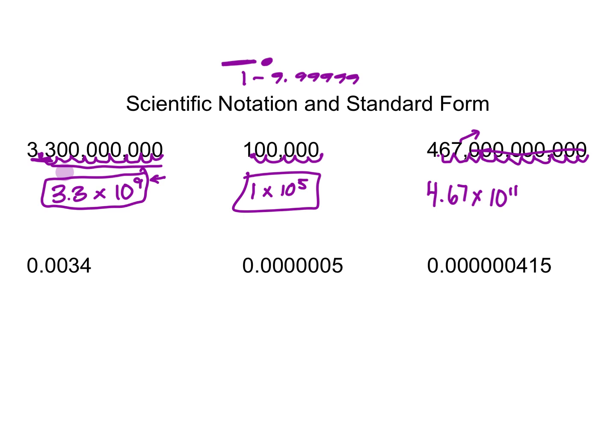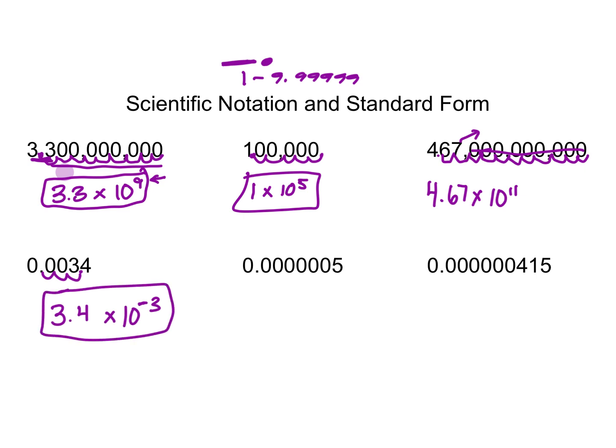Okay, the next one, I'm going to move my decimal point again so that there's one digit in front. Now this time I'm going the opposite direction. I'm talking about a teeny tiny number. So I'm going to go 1, 2, 3 places to get there. So I'm writing times 10 to the 3rd, but not the regular 3rd, the negative 3rd, because I'm talking about a teeny tiny number.